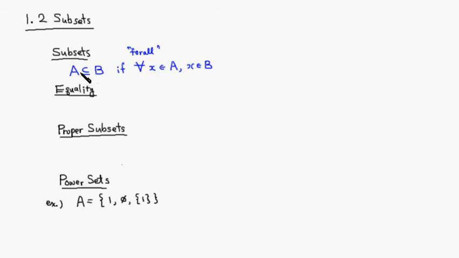So A is a subset of B if every single element in A is also in B.